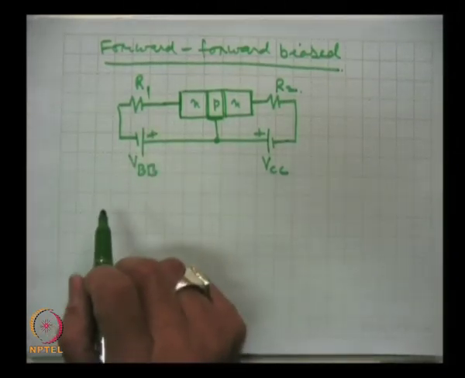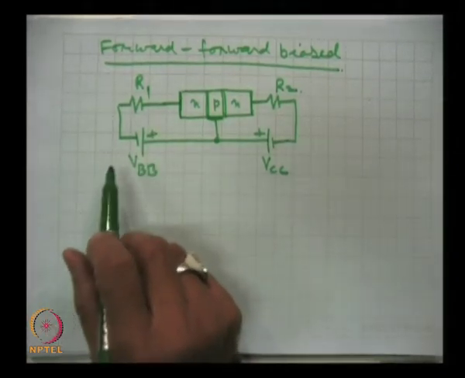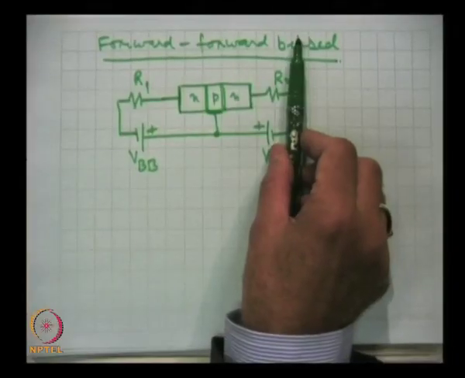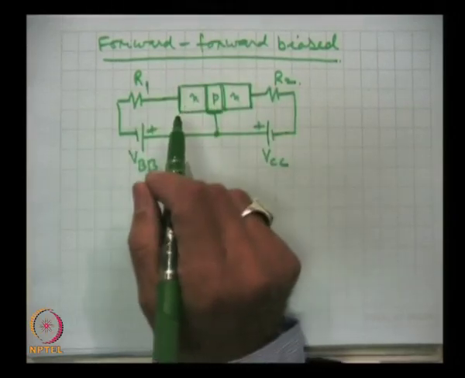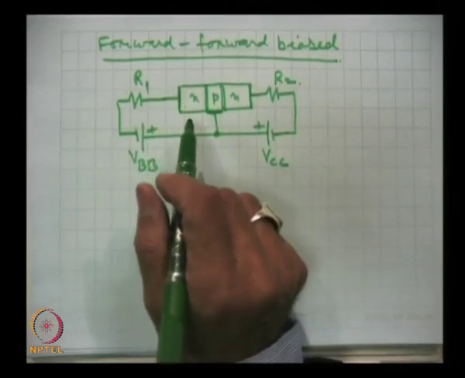For the time being, let us forget about this part. So, we just consider the emitter and base junction which is forward biased.